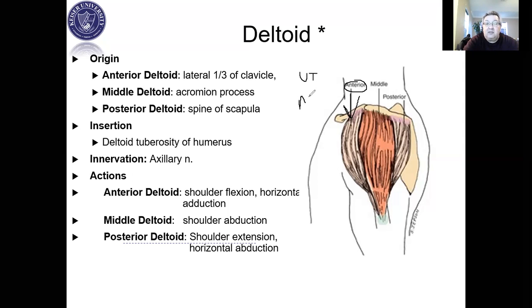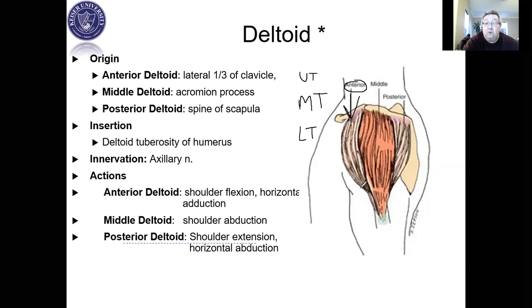The middle trapezius has its insertion on the acromion process. The middle deltoid has its origin on the acromion process. And the lower trap has its insertion on the spine of the scapula. The posterior deltoid has its origin on the spine of the scapula.